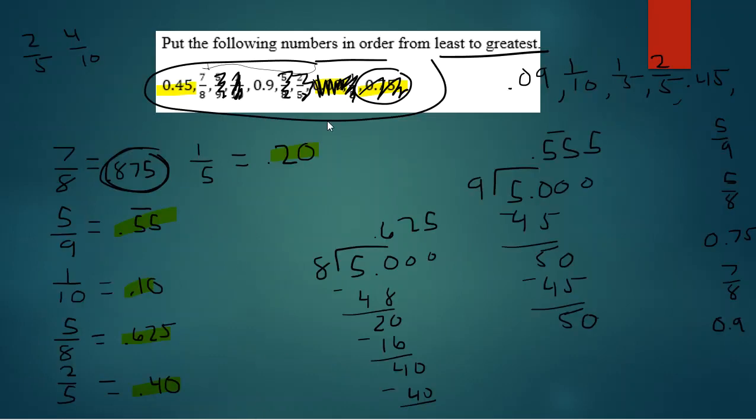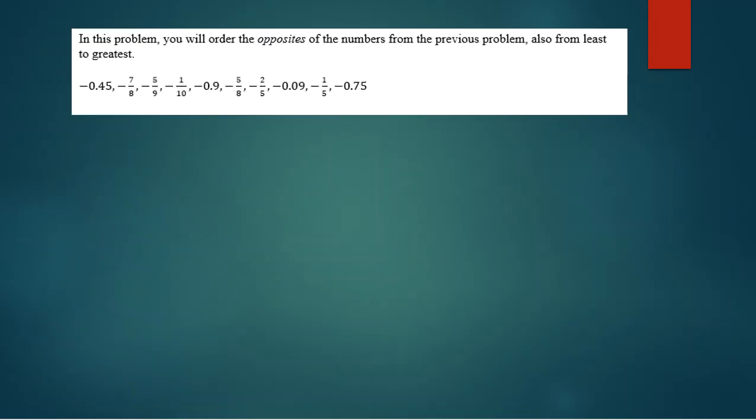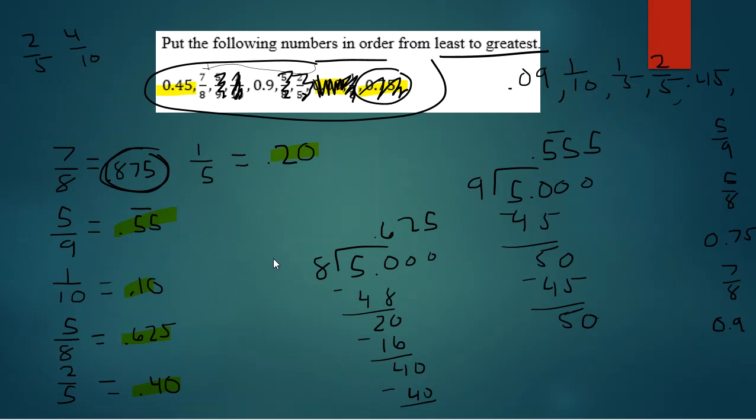This problem right here that we already did, it's the same as this problem right here. It's just that these are the opposites of those. Okay, so whatever order we put these ones in, we're going to have to go the reverse order for their opposites.